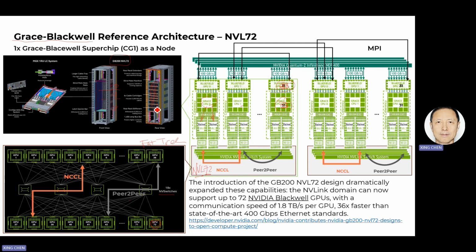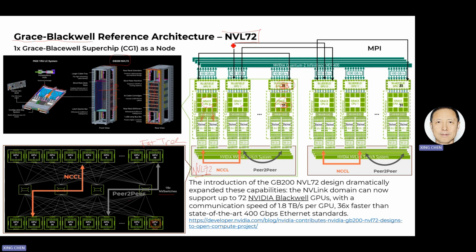Okay, so we know that NVL72 is physically nearly the same as NVL32 with a few more nodes. I don't know why we have more nodes. We don't have an NVL64, but we have this NVL72. Pretty much this is because 72 is a good number for the NVLink network, and Nvidia has decided to go with it.